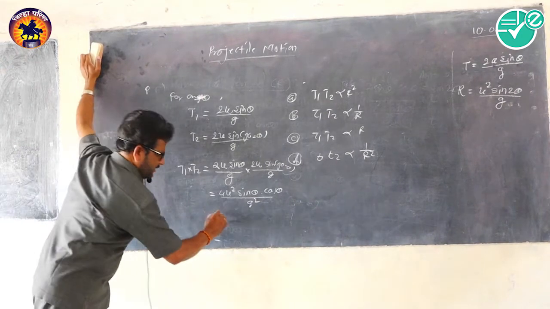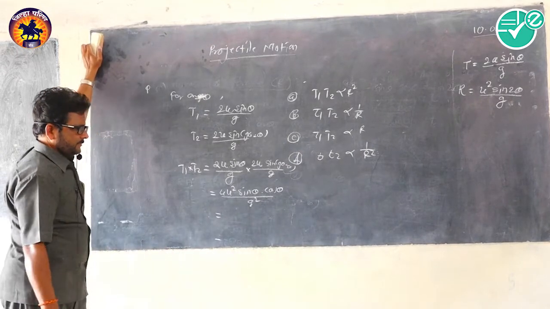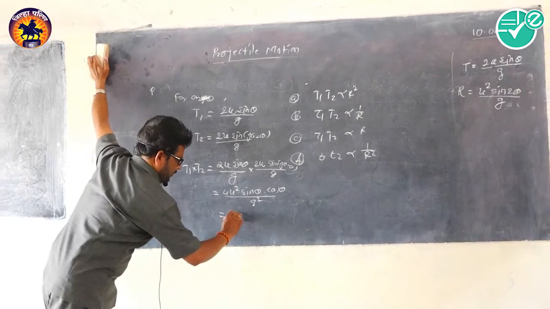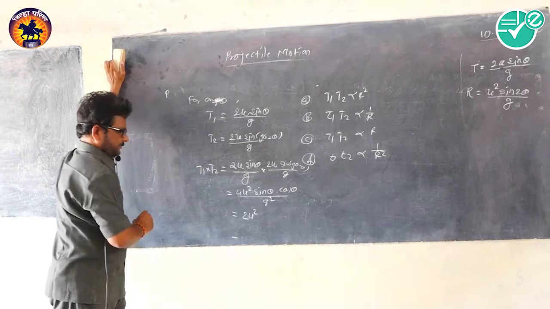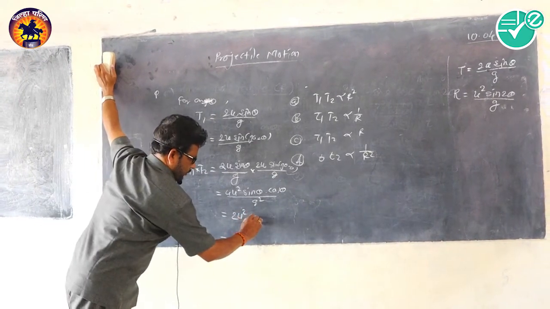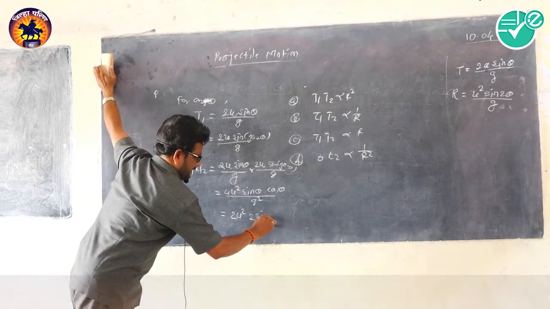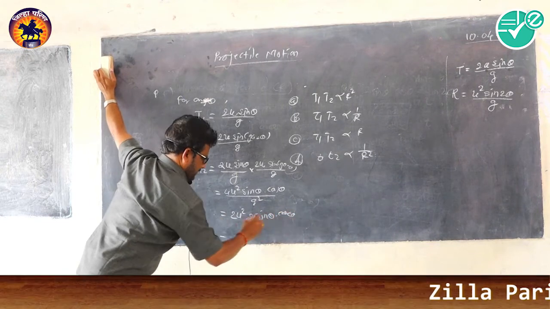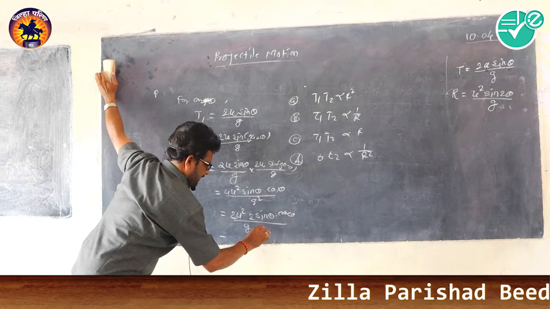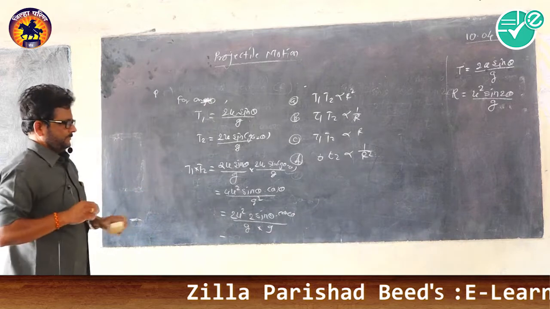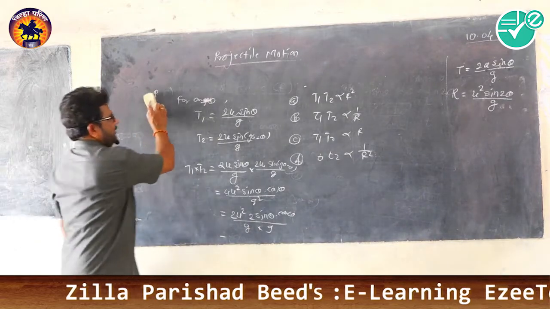We can rearrange this like 2u square, 2 sin theta cos theta upon g into g.